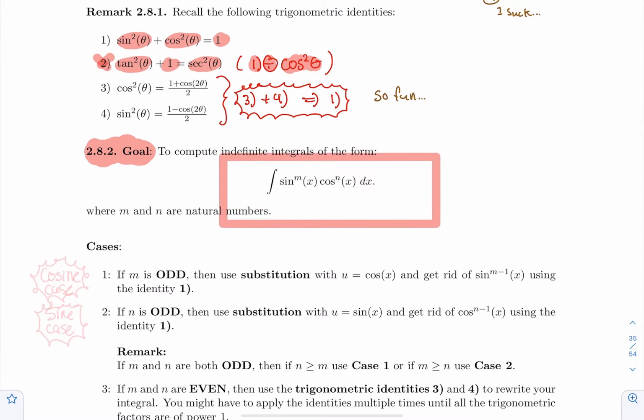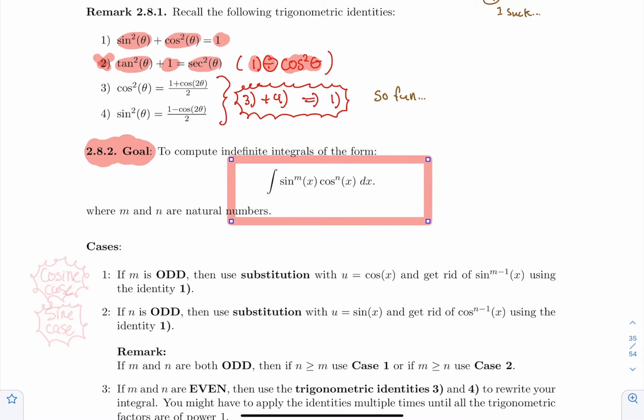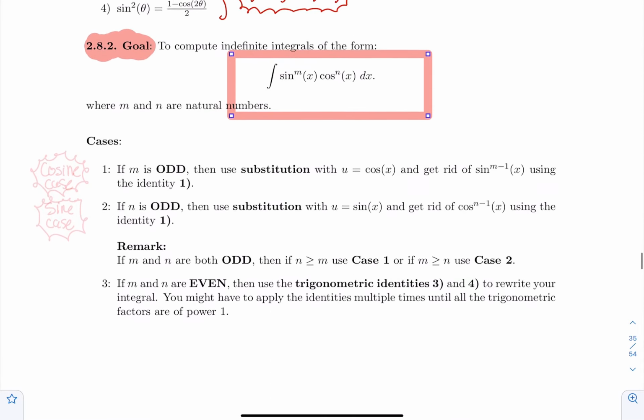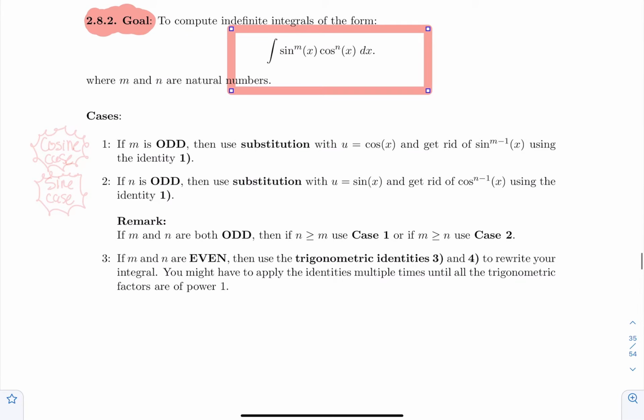And what I did for you is I broke these types of integrals into 3 different cases. The first case is, what if m is odd? What if the power of sine is an odd number? I call that case the cosine case.